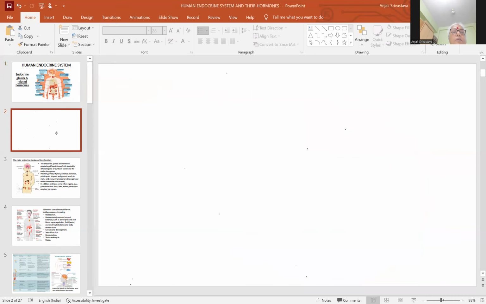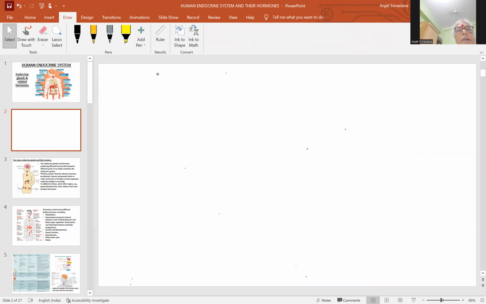This endocrine system, you all know, is a part of the glandular system of the body. The glandular structures are the glands. In the majority of cases, the glands mainly consist of epithelial tissue, epithelial cells that secrete certain chemical products.